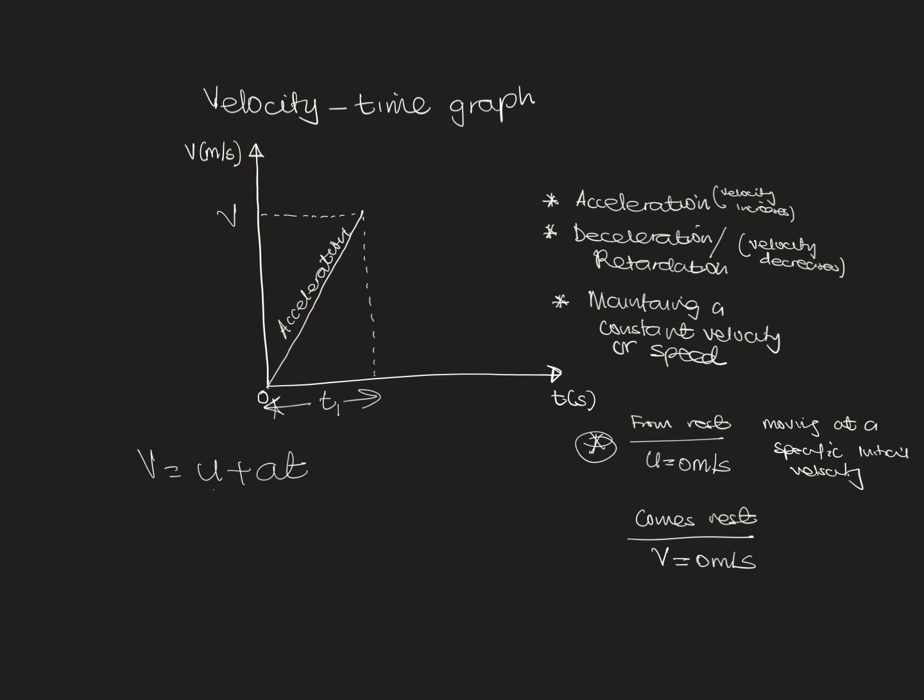So let's say that after the body accelerated, it maintains a constant velocity. How do you represent that on a velocity time graph? When a body is maintaining a constant velocity, as the name implies, the velocity doesn't change. So we can only represent that by a straight horizontal line. From this point here to this point, the body was maintaining a constant velocity.